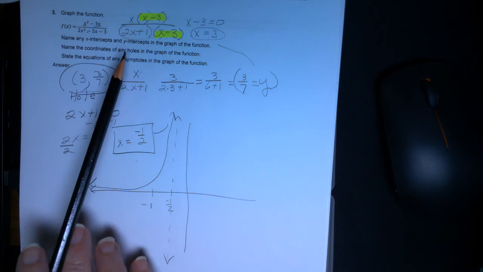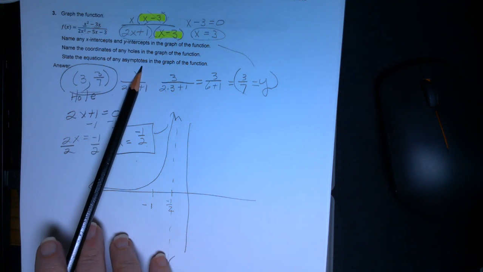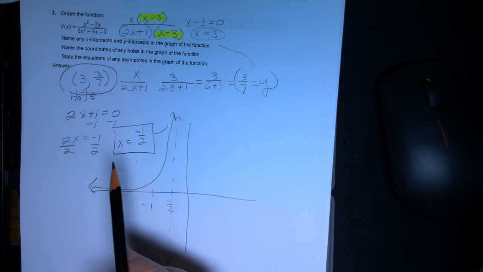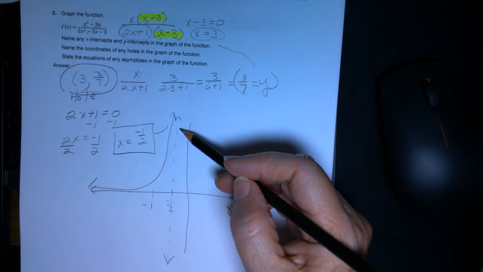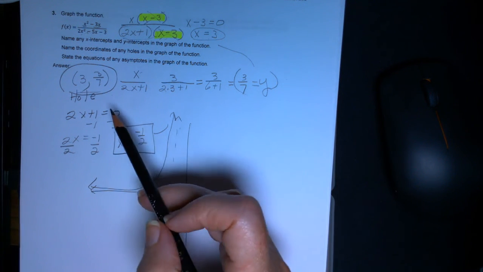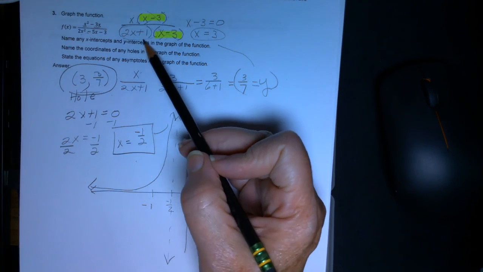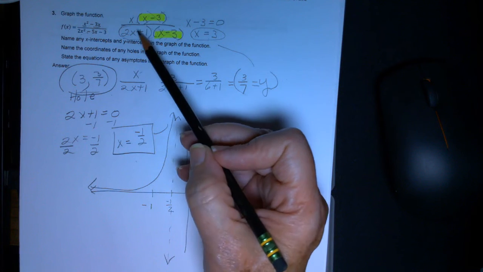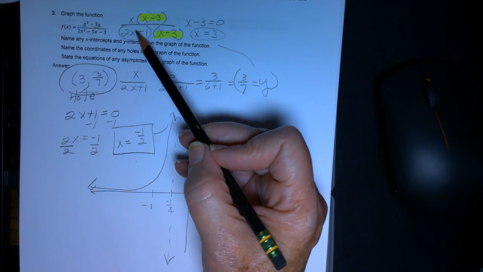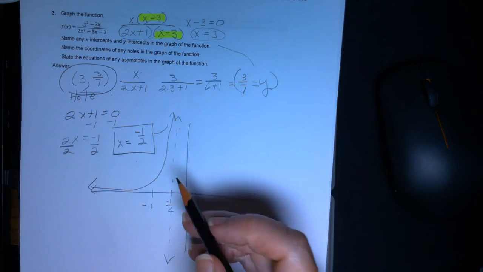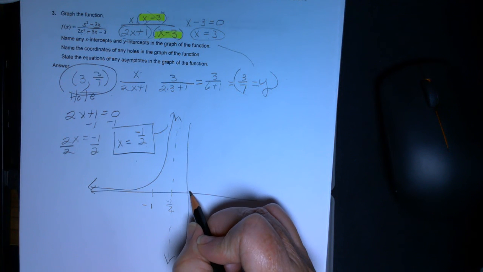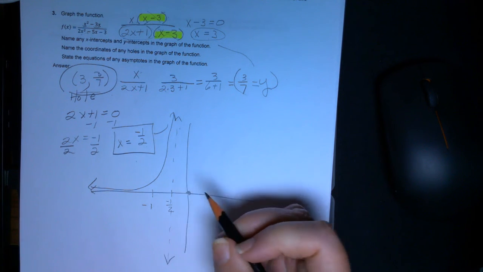Let me look at it real quick. I know I have a vertical asymptote here. I know that when x is 0, put a 0 in here for x, y is going to be 0 as well, 0 over 1, which is still 0. So we're going to have it cross right here.